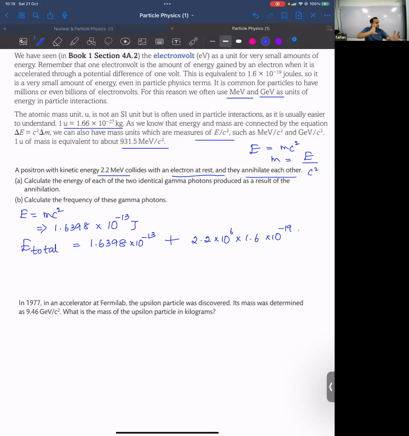This is the total energy of the two gamma ray photons, which is going to be 5.1598 into 10 to the power minus 13 joules. This is the energy of the two gamma ray photons.